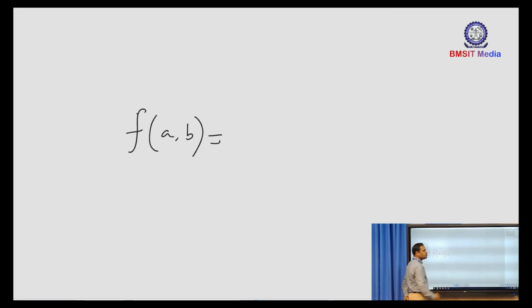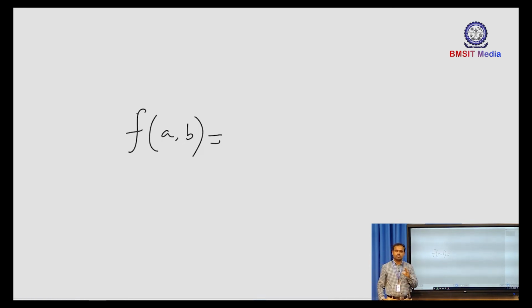I'll take two variables, a and b, and I call that a function f of a, b. f is a function of two variables a and b. You know that in digital electronics I have two variables, say for example a and b.